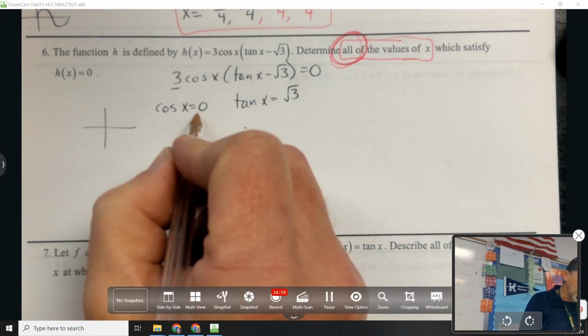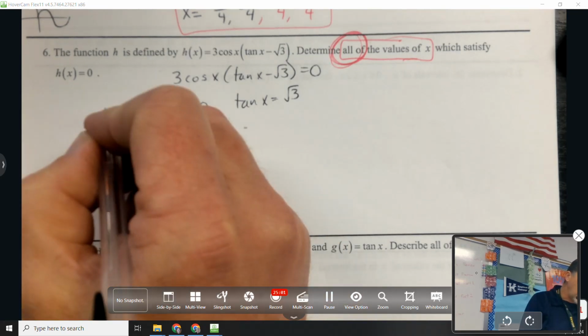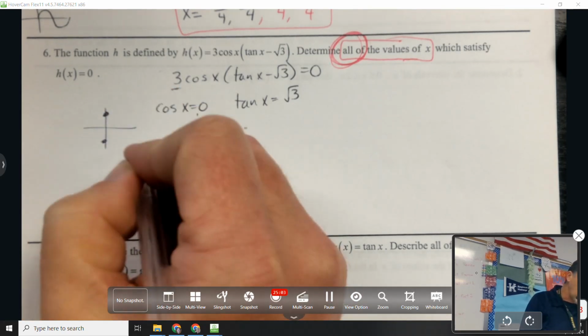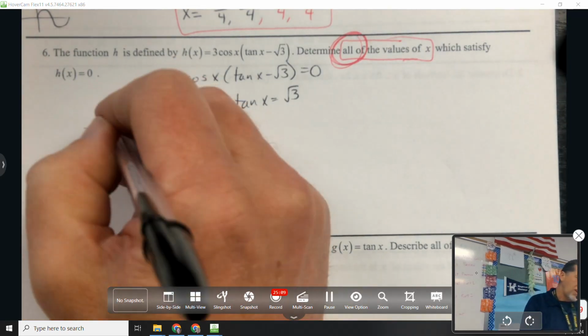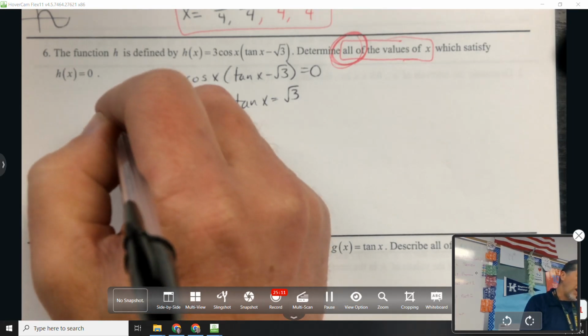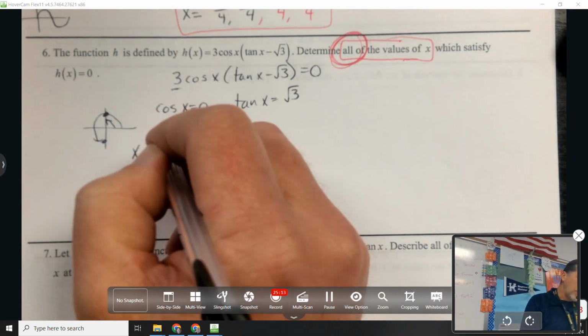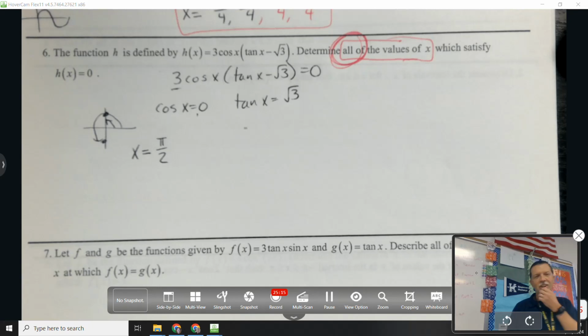Okay, so cosine equals 0 there and there. How could I express there and there? Infinitely. One of them is pi over 2, so that's an easy start. Pi over 2 times k? No, because that would get you pi and 2 pi. 3 pi over 2 is the next one.